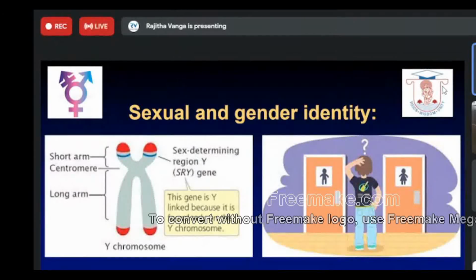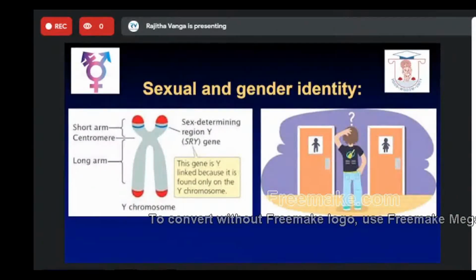Absence of the SRY gene results in the development of female reproductive hormones. Hormones play a vital role in sexual differentiation, and disorders of sexual development, chromosomal, prenatal, or hormonal, may result in ambiguous genitalia. Gender identity is usually fixed in children around 2 to 3 years of age. Sexual identity is the sex assigned at birth because of their external and internal anatomy.